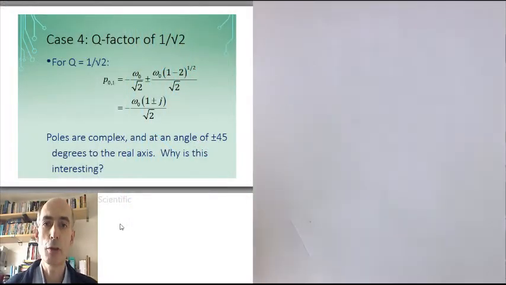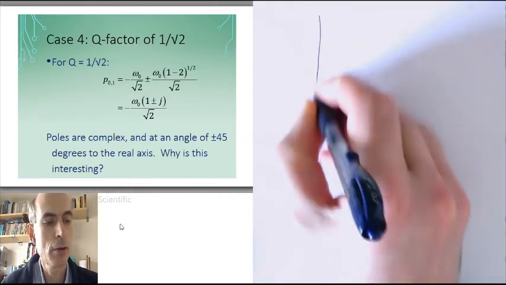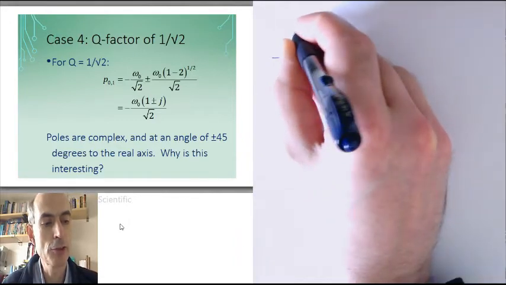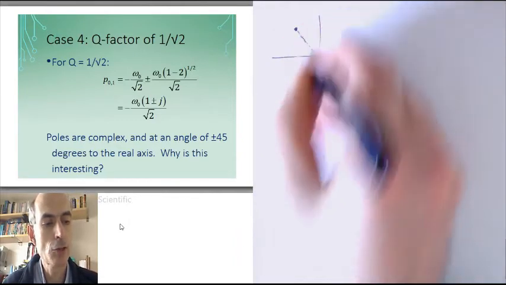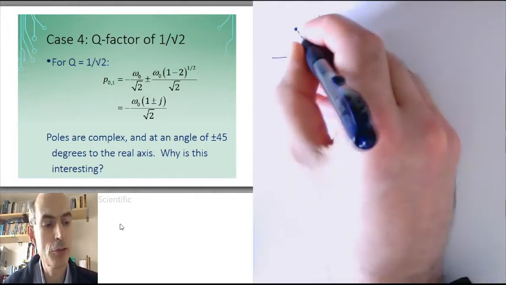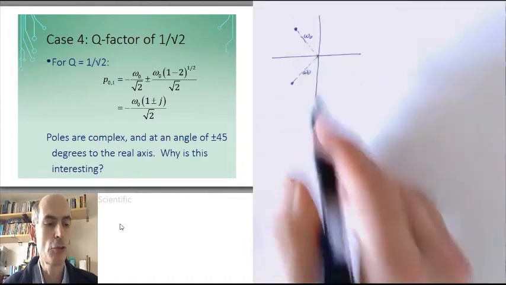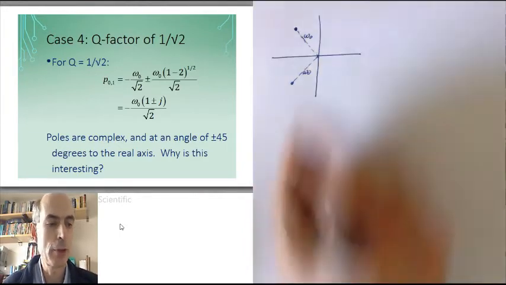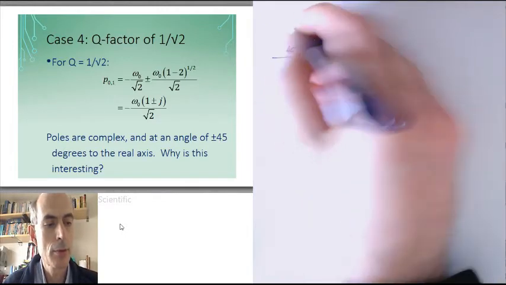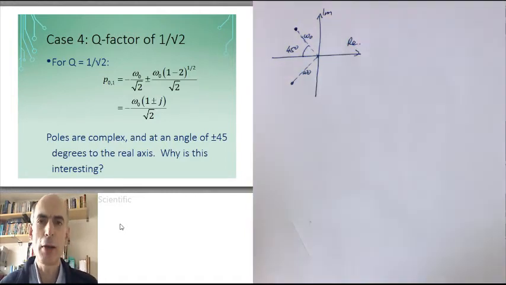If you work out where the poles are in this case, you'll find that the poles are at an angle of 45 degrees to the real axis, and as all complex poles are, they are a distance of the resonant frequency away from the origin, so their amplitude is the resonant frequency.